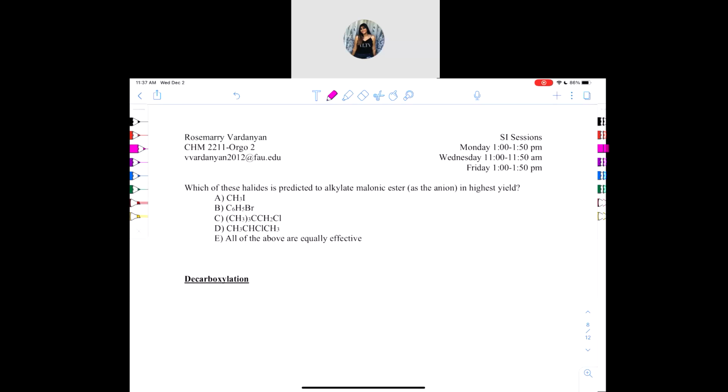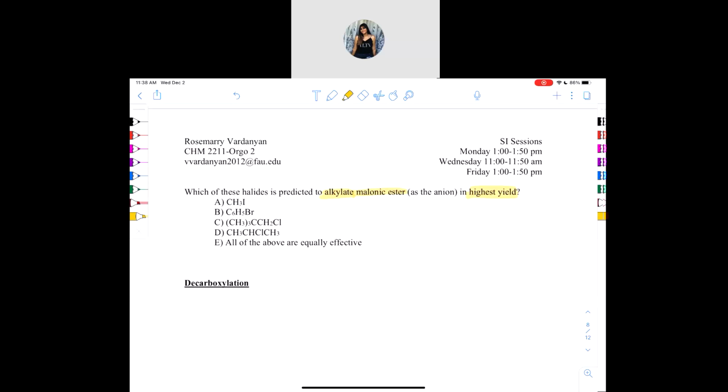Okay. So the next question is, which of these halides is predicted to alkylate malonic ester as the anion in the highest yield? Whoa, those are a lot of words, right? So essentially, all it's saying is, which of the following will undergo the malonic ester reaction, and we want to alkylate, and we want the highest yield.